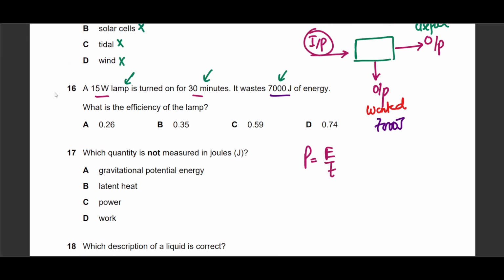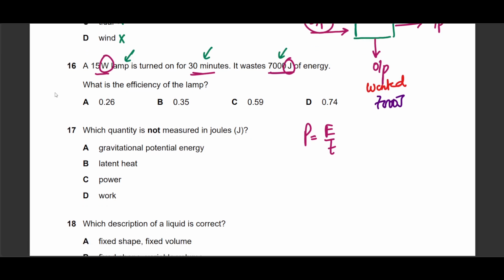Now, why can't we use 15 watts directly for the question? You see, the question gives one unit of joules. You can either convert the joules by dividing it by 30 minutes into seconds into power and then use the question, or you can convert all the units into a single unit and then use the formula for efficiency. So power was 15 watts. Energy, we don't know. It was turned on for 30 minutes, which is 30 into 60.